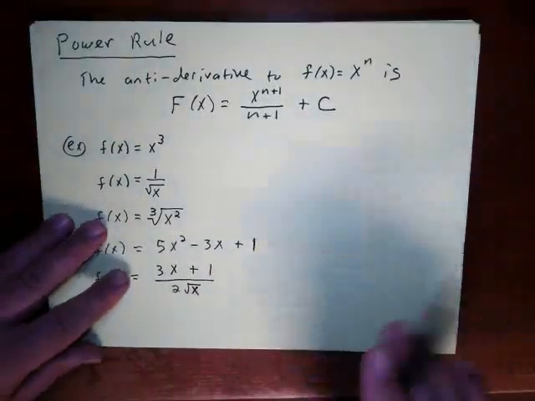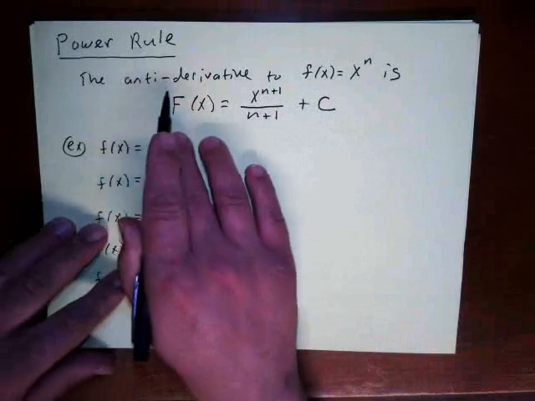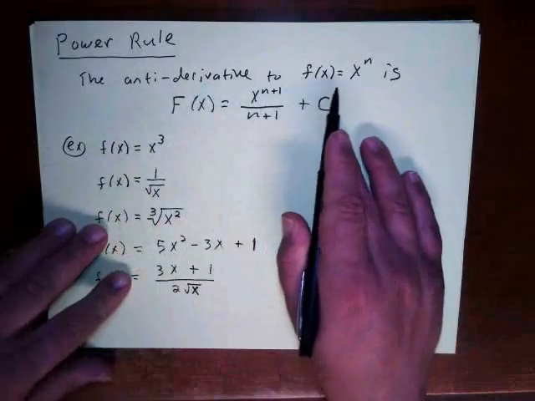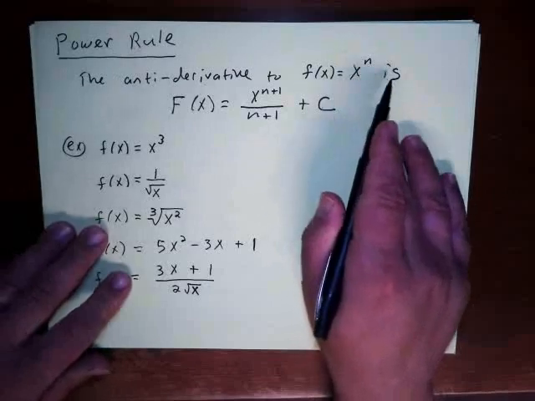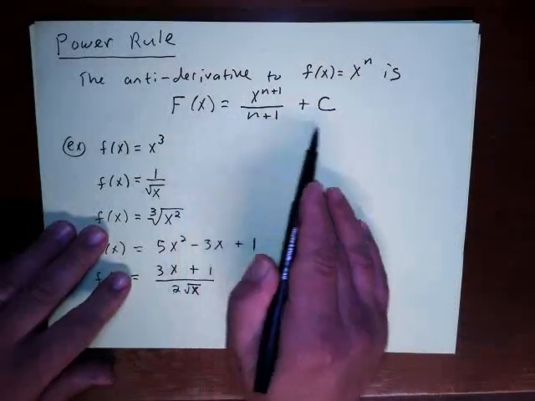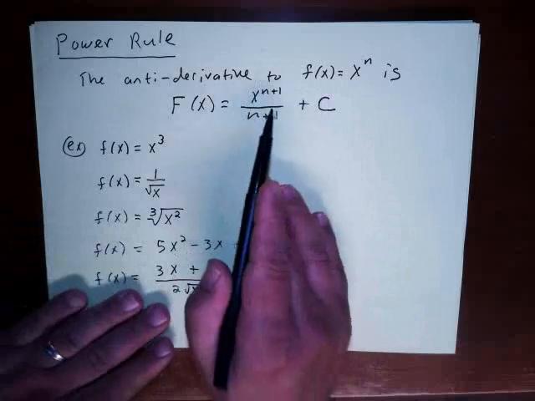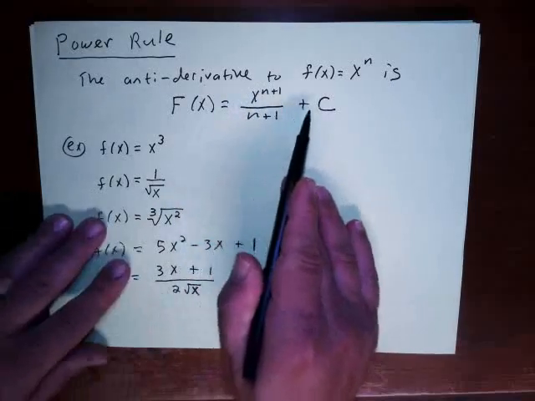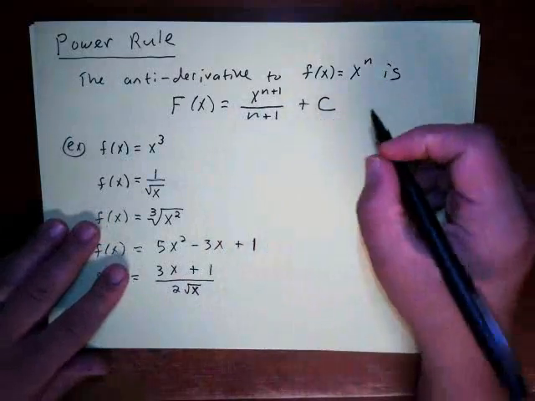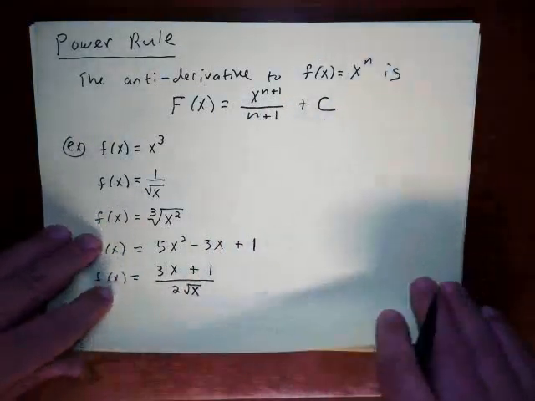Now notice here, what this says is the antiderivative of x to the n, so this is a power function, is x to the n plus 1 over n plus 1 plus c. So it's kind of like this one here.